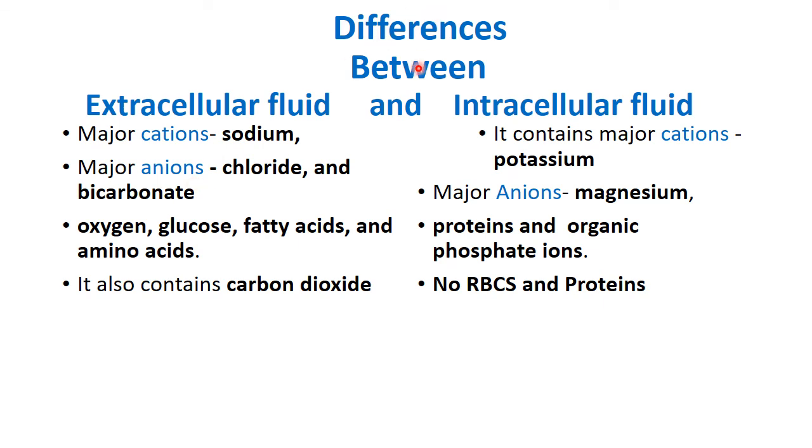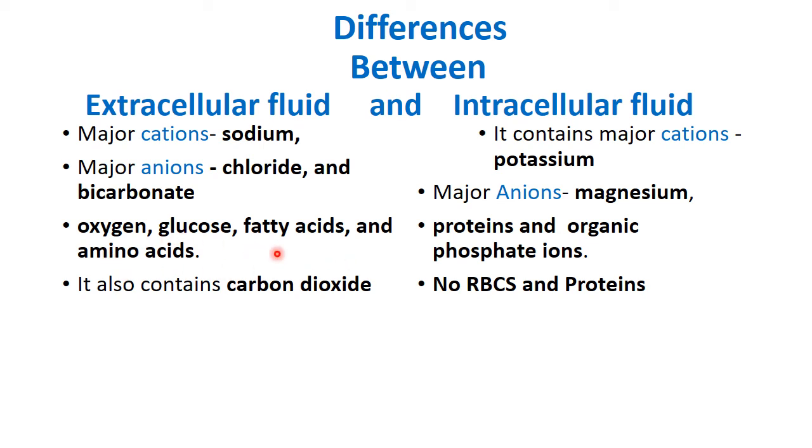So what is the difference between extracellular fluid and intracellular fluid? In extracellular fluid, the major cation outside of the cell is sodium, but inside the cell it is potassium. Major anions here are chloride and bicarbonate. Major anions there are magnesium and phosphates.